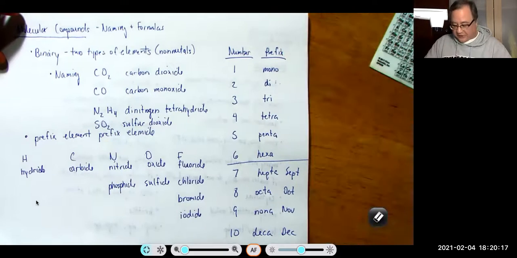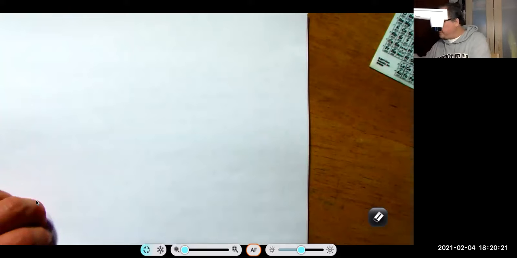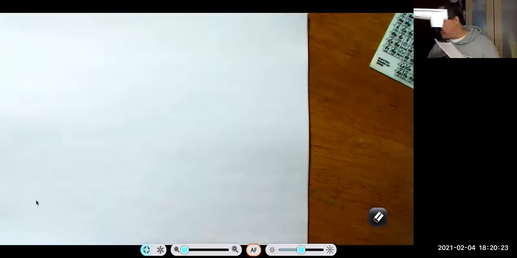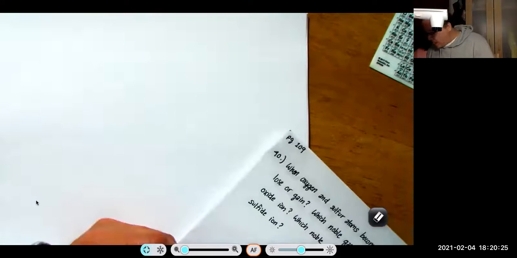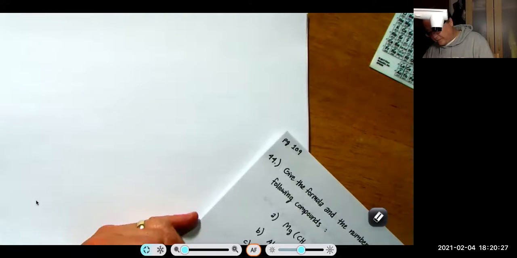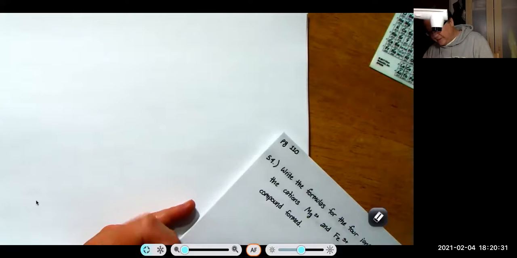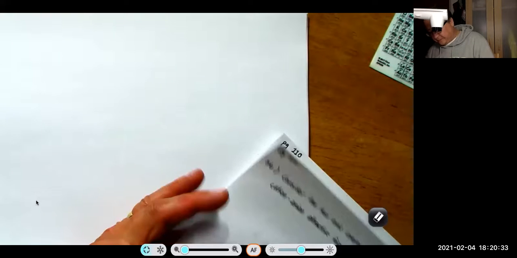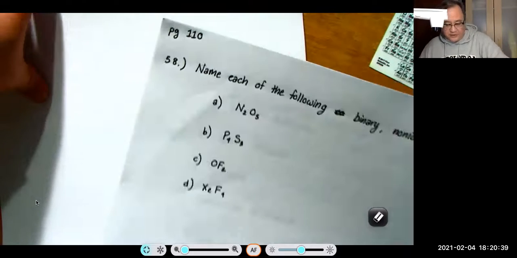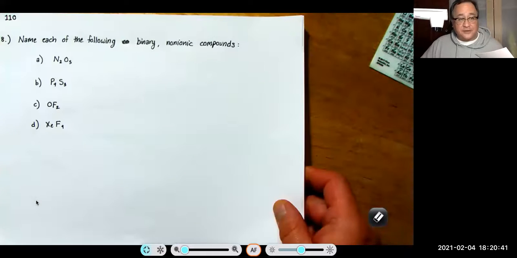Okay, so let's try some problems. Take a moment and see if you can name these 4 compounds.